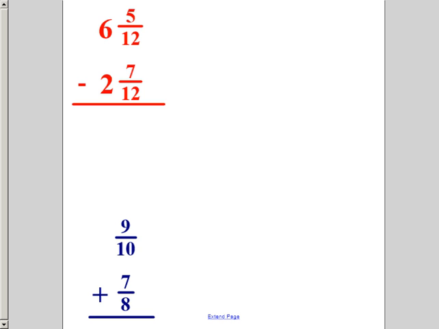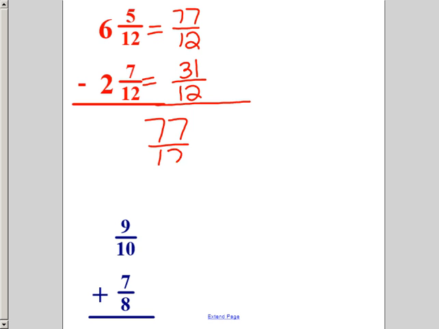Now let's look at a couple more examples. 6 and 5 twelfths minus 2 and 7 twelfths. I'm going to change these to improper fractions. So when I do that, 12 times 6 is 72. 72 plus 5 is 77. So I get 77 twelfths. Minus 12 times 2 is 24. 24 plus 7 is 31. So I get 31 twelfths. Those have a common denominator, so I'm ready to go ahead and work it out. 77 twelfths minus 31 twelfths.